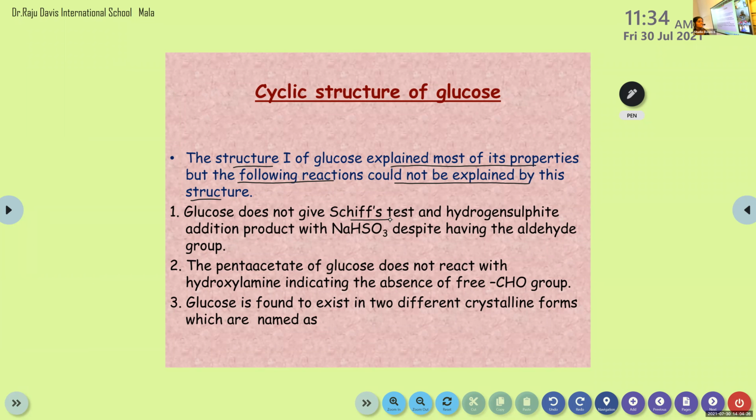This Schiff's test is used to identify the carbonyl group present in the molecule. Just write the Schiff's test that you will do for the practicals. Schiff's test: used to identify the presence of carbonyl group.